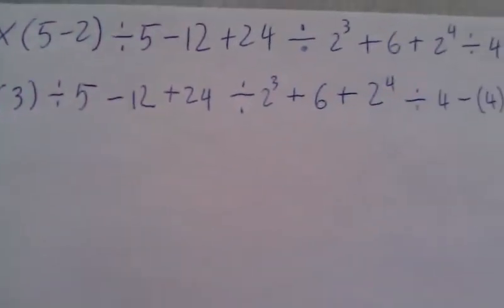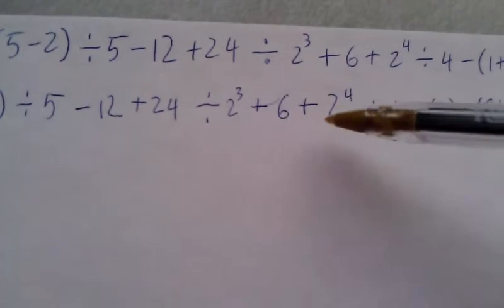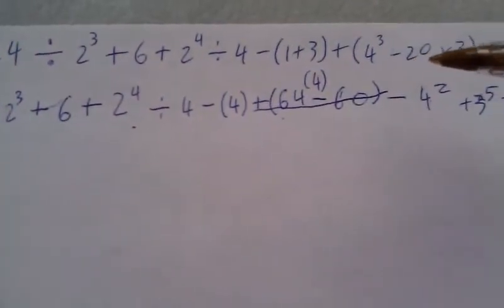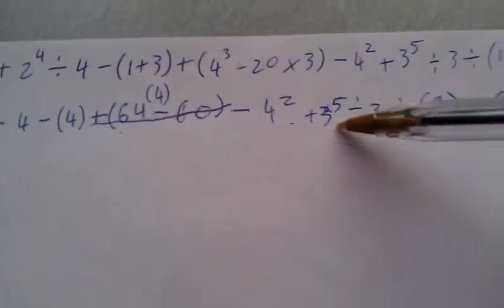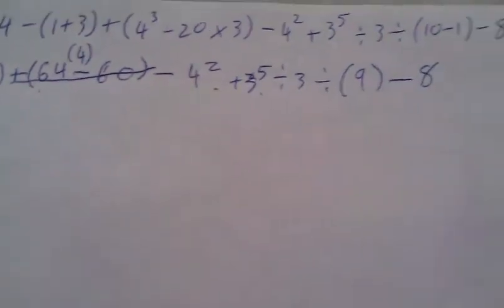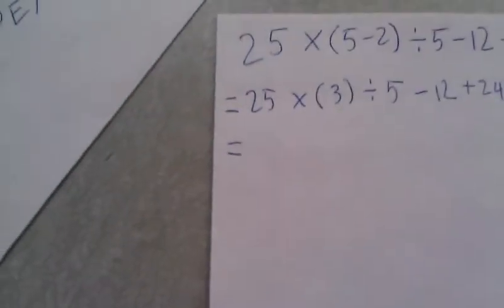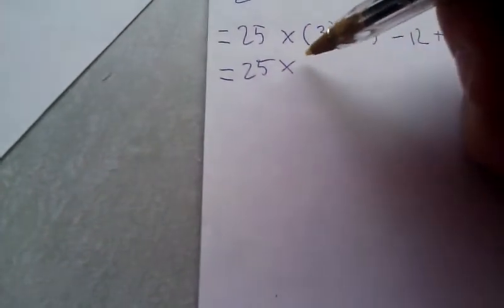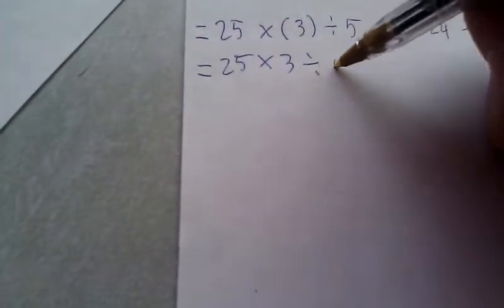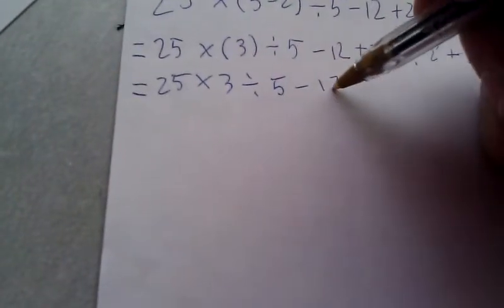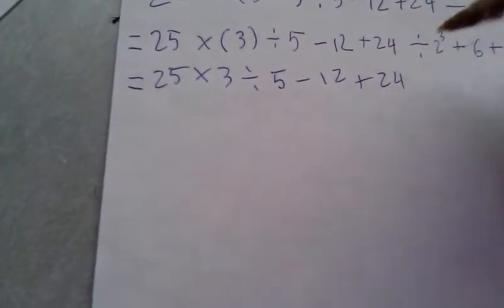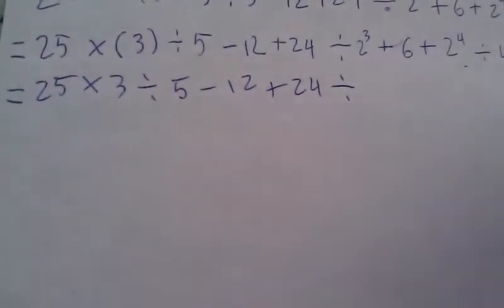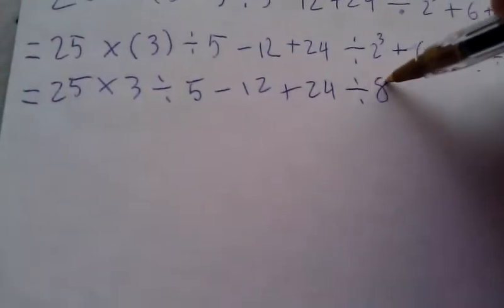So what's next? It's exponentiation. So here's one, here's one, here's one, here's one, and that is all. So just write this down really quick. Okay, so here's the 2 to the 3, that is 8.